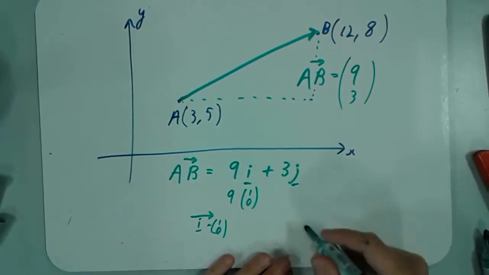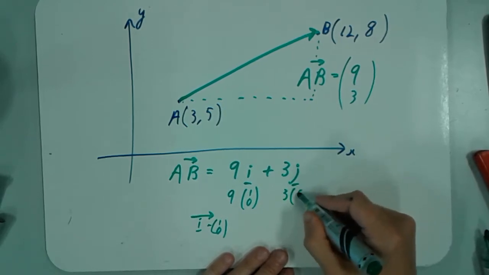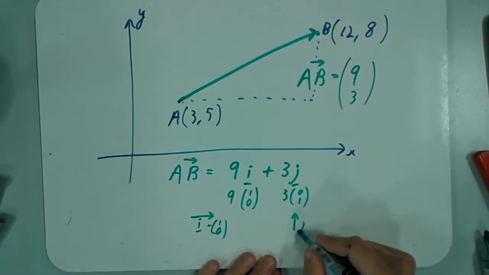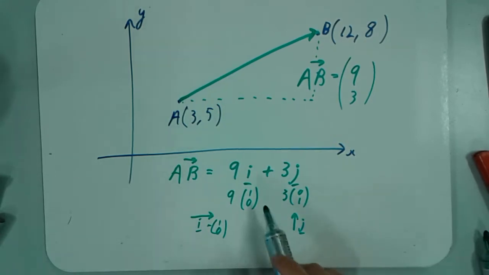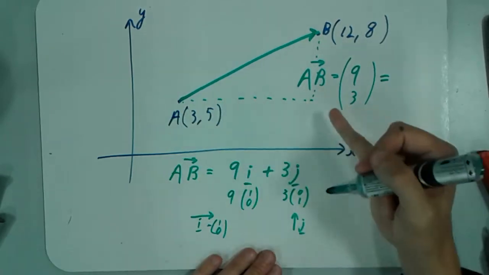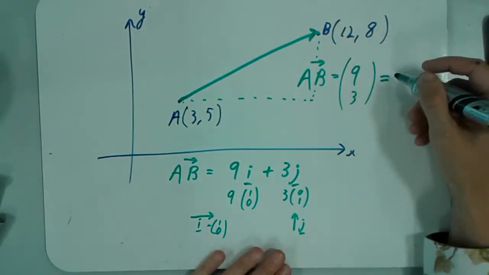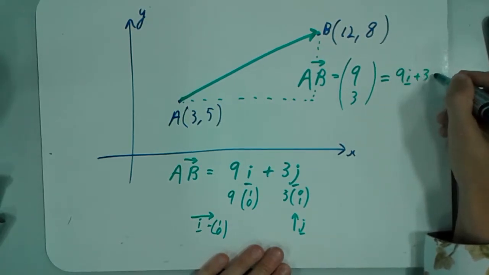We also have the unit vector j, which is (0, 1), and that describes 1 unit up. We underline stuff which is a vector. Okay, so we've got two ways of writing the vector: (9, 3) in column form, or 9i plus 3j.